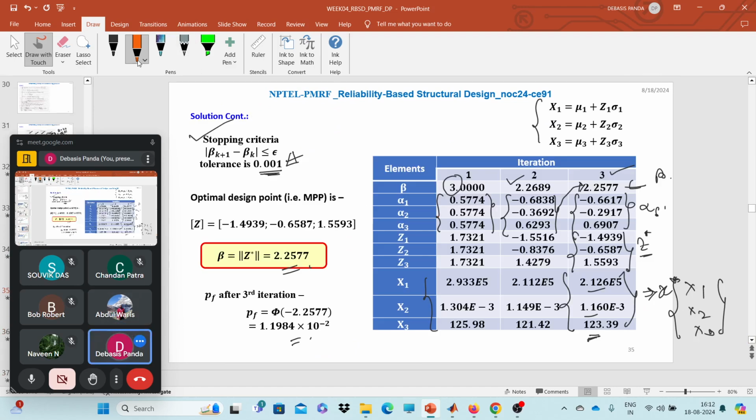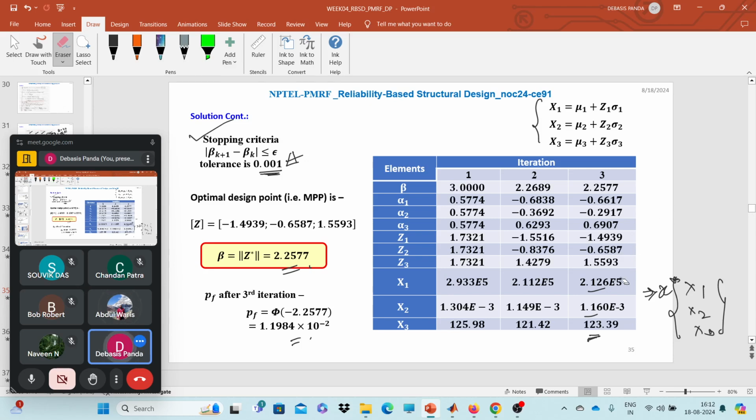We started from a beta of 3, but our convergence is achieved at beta equals 2.25. So if we stop at 3, our estimation of the design point will be wrong. Yes or no? Definitely, that will give us the wrong estimation.